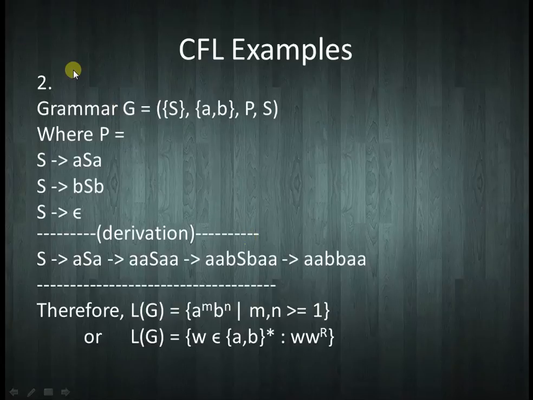Example number 2. Given a grammar G with the variable S, terminals A and B, production P, start symbol S, where P is S produces ASA, S derives BSB, and S derives empty. So, again, let's have a simple derivation. The first production, S produces ASA.